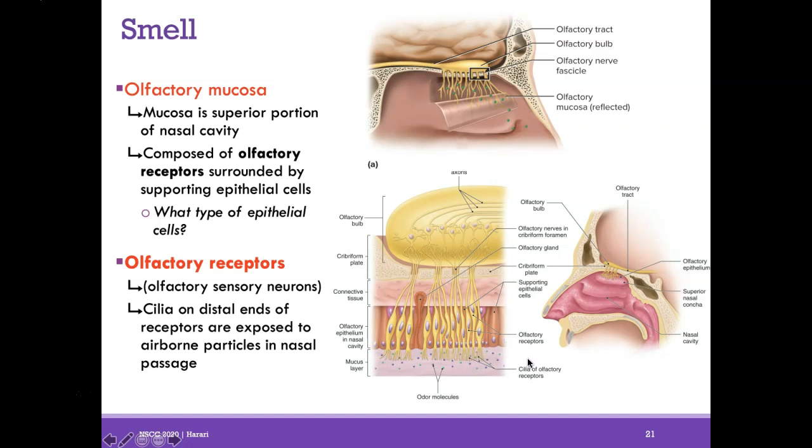So the olfactory receptors are also called olfactory sensory neurons because they're feeding directly to the central nervous system. This is the brain. This is the cranial nerve that feeds into the brain. So this is the direct route, this sensory neuron.